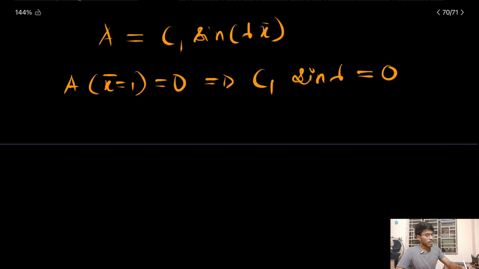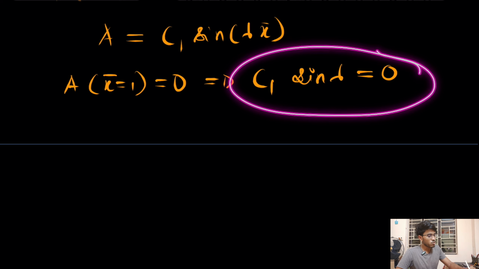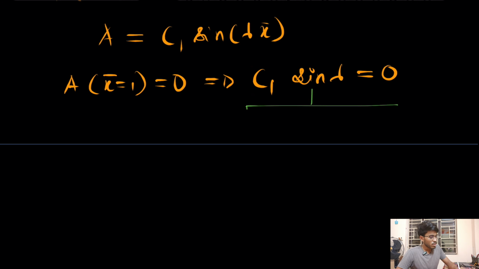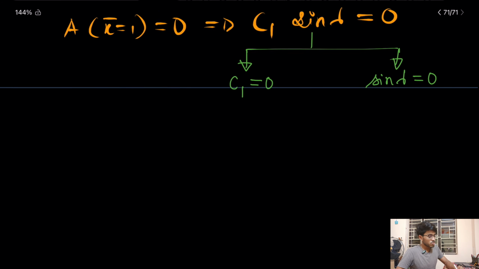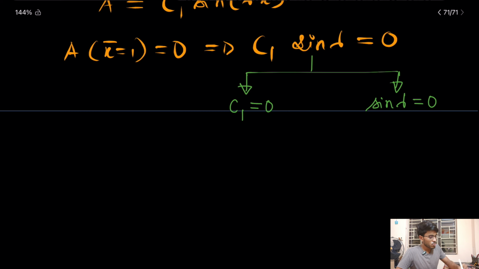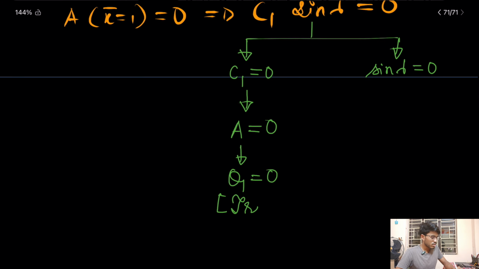Now you see, if I have to satisfy this equation, then I have two options, right? One option is my C1 equal to 0, another option is my sine lambda is equal to 0. If C1 equal to 0, then my A is coming as 0, and then my theta 1 is coming as 0, which is a trivial solution, and which we don't want.